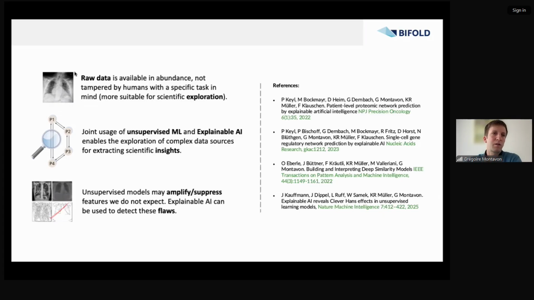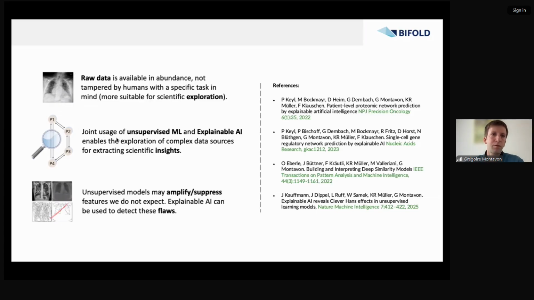So this is the reason why raw data is interesting on its own, and also more generally because raw data is the way modern machine learning architectures based on foundation models tend to work. Because they are being used, we also need to extend explainable AI to this setting to make sure that these models are predicting as we intend them to.